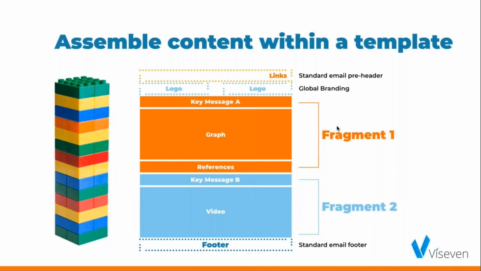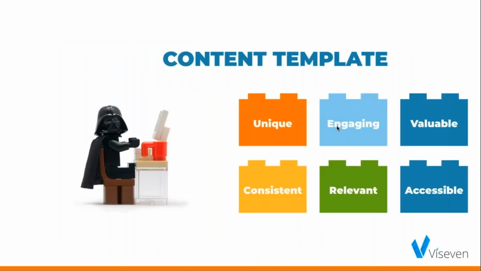And of course, a template should follow specific rules in order to be reused across different countries or brands. The template should be unique. It should be experimental and bring thought leadership. It should be compelling. For example, it should tell a story and have pleasant design. It should be, of course, valuable in order to meet the needs and add value to a specific channel.